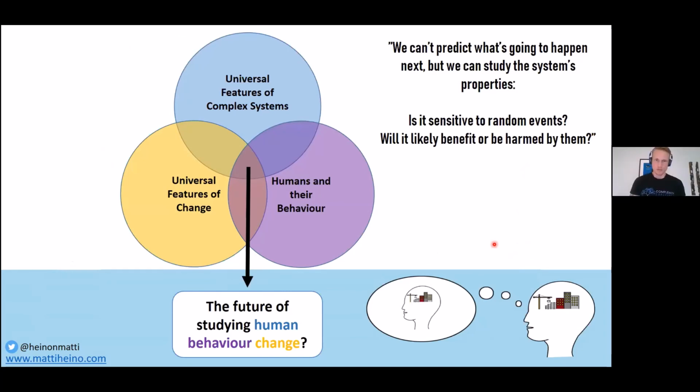But just to wrap up, complex systems can be known, and we can know what the system's properties are and which features are making the system vulnerable or resilient and so forth. And so we might need to change our focus a bit from trying to predict what happens next to actually looking at what the system is like and what the possibilities are.